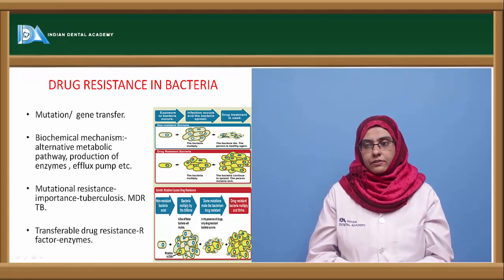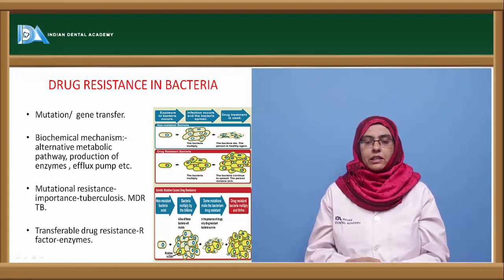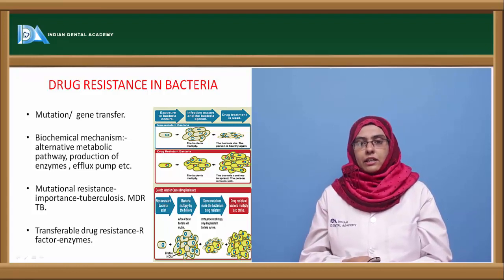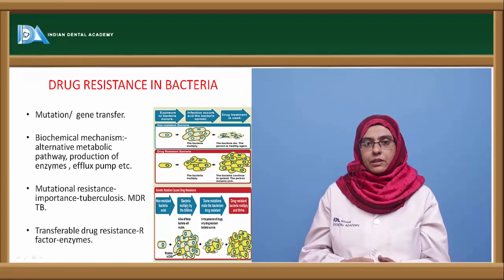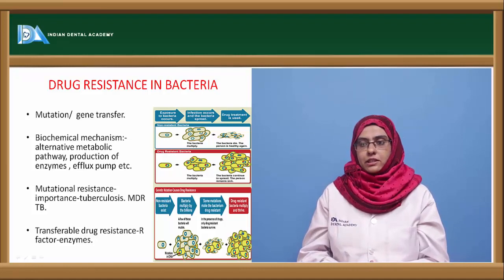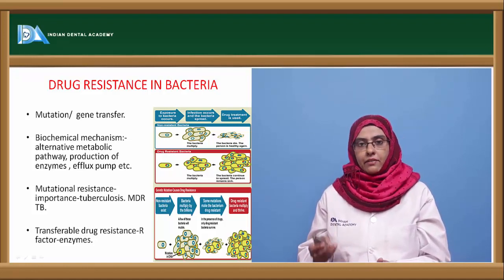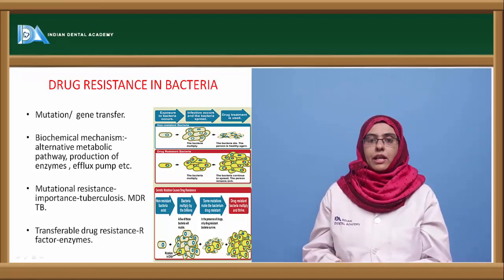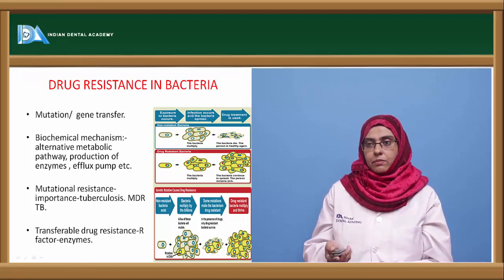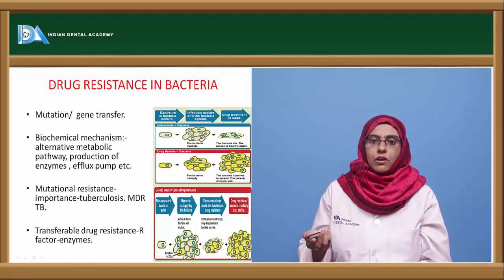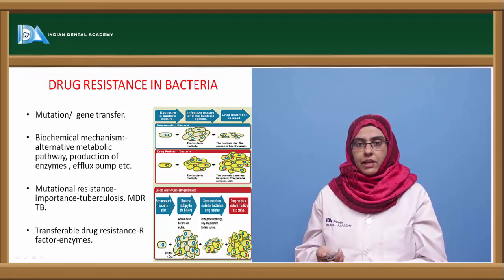And here, transferable drug resistance factors are another important thing, that is the RTF and R determinant, which usually cause drug resistance in the organism. The R factors usually produce enzymes to inactivate the antibiotic, and hence there is an emergence of drug resistance in bacteria.